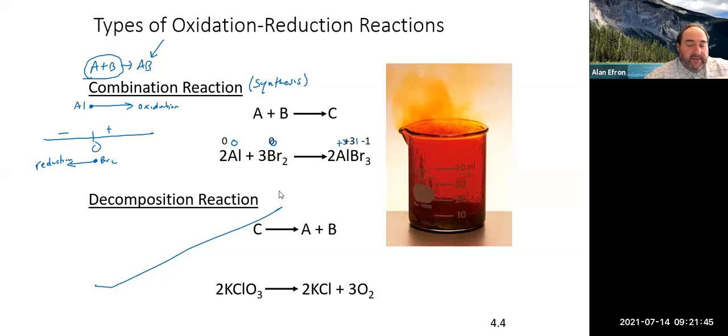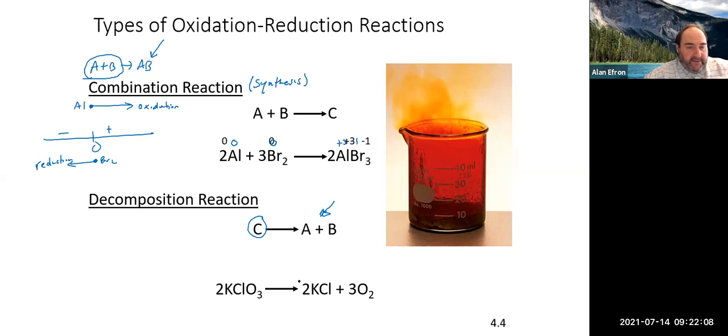So combination, two things make one thing. Decomposition, really the opposite. One thing makes two or more things, basically breaking apart. So here we have potassium chlorate breaking apart into potassium chloride and oxygen, one thing making two things. That is your classic decomposition reaction.